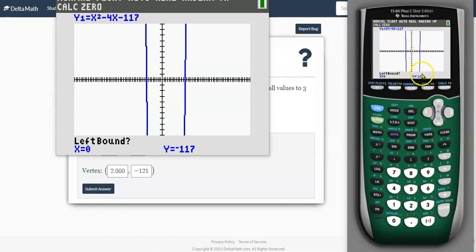Now, I do not see my cursor anywhere because it's down at negative 117. So I have to arrow to the left, oh, whoa, that was too far. So press enter. Now because my scale jumped so high, I pressed enter one time. I can't see it, but I'll just press enter again. See what I get. Ooh, my zero is negative 9. That is not bad at all.